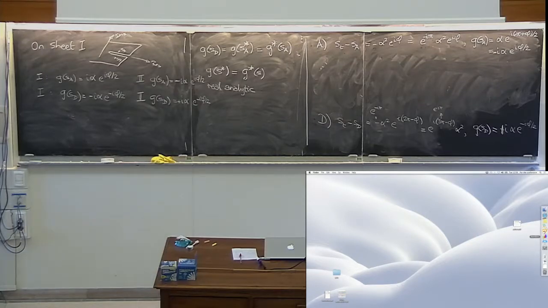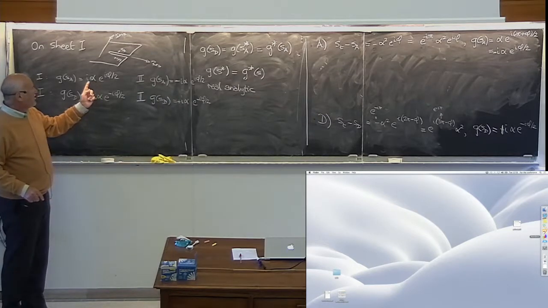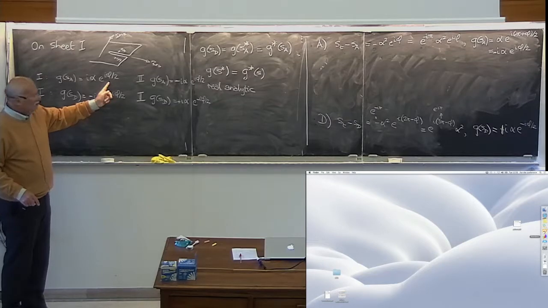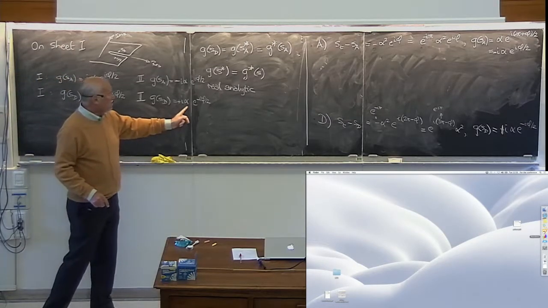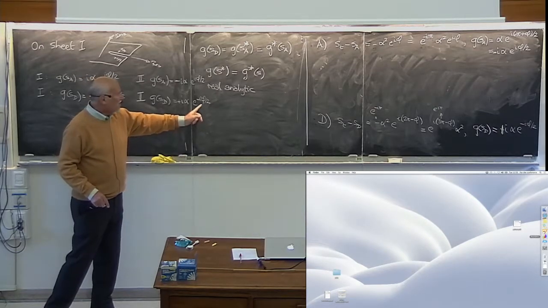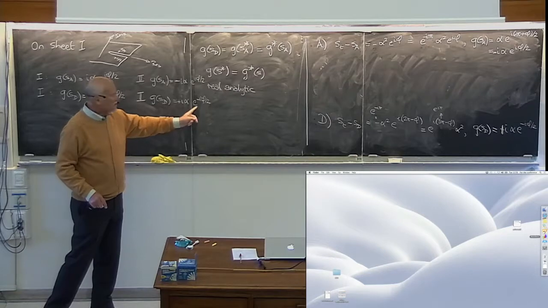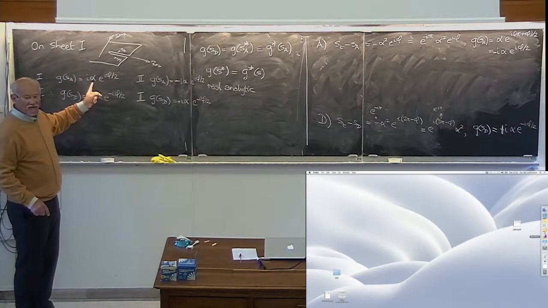But do you notice something? On sheet 1, at S_A, it's equal to I alpha e to the I phi over 2. And on sheet 2, at S_D, it's I alpha e to the minus I phi over 2. So if I let phi go to 0, this becomes I alpha, and this one becomes I alpha.